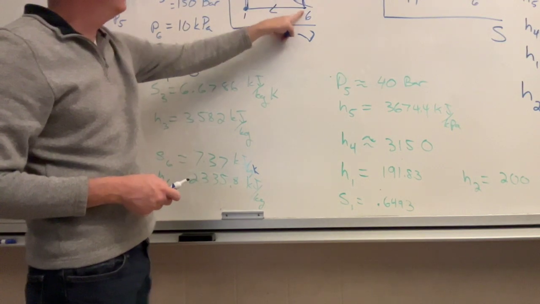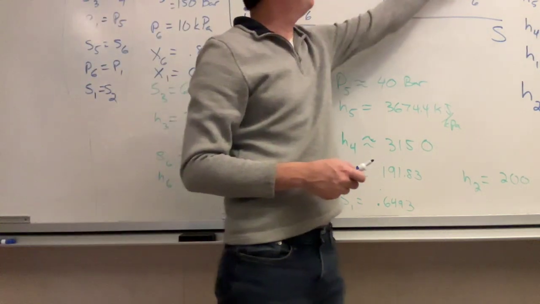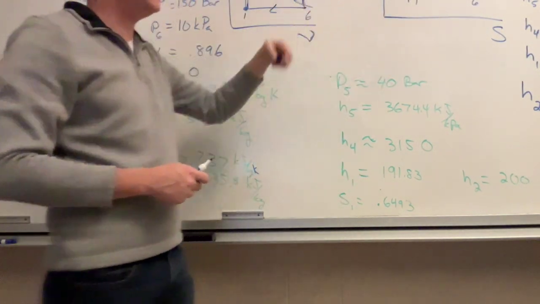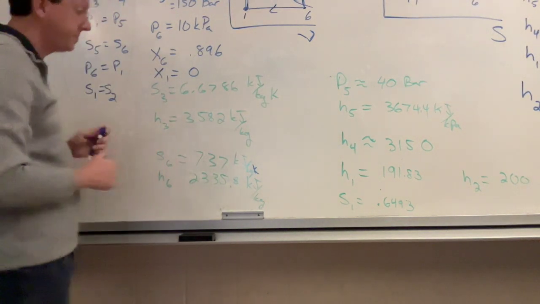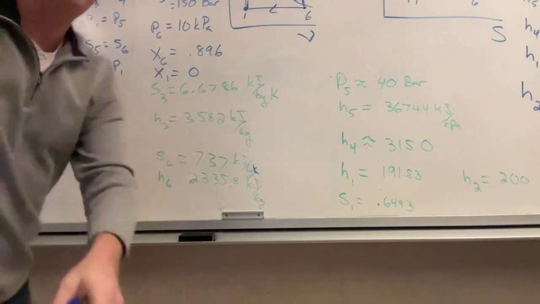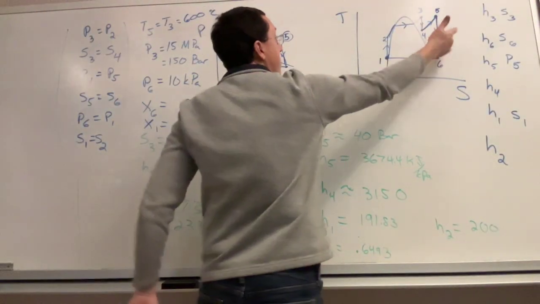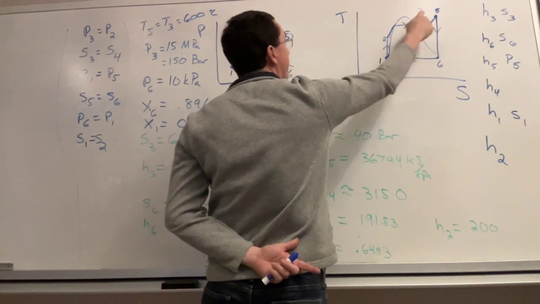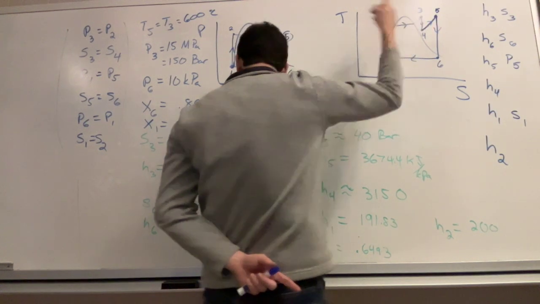We know everything. Working backwards to state 5, we know that the entropy of 5 is the same as the entropy of 6. We know the temperature of 5 is the same as the temperature of 3, namely 600 degrees Celsius.